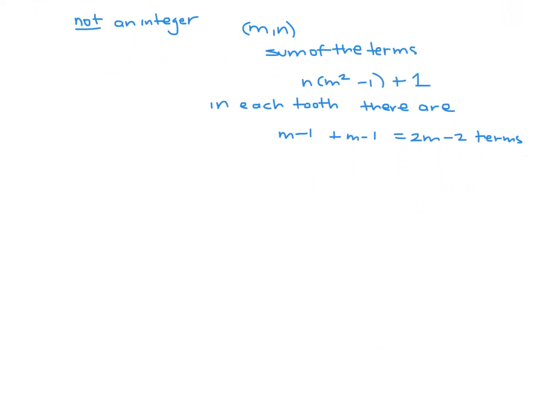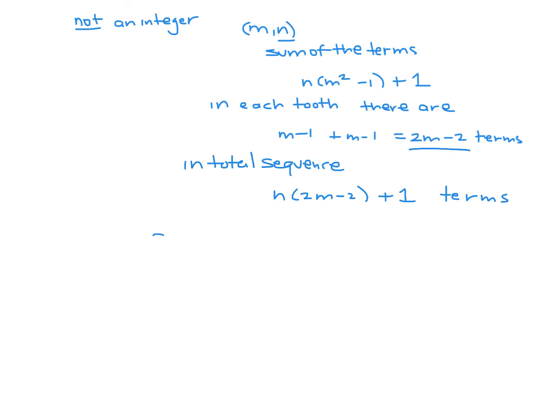All right? And in the total sequence, therefore, since there's n teeth, you take this and multiply by n. And then remember, don't forget that lone 1 that I forgot to add at the very beginning, that I didn't add purposely. And this is the total number of terms.